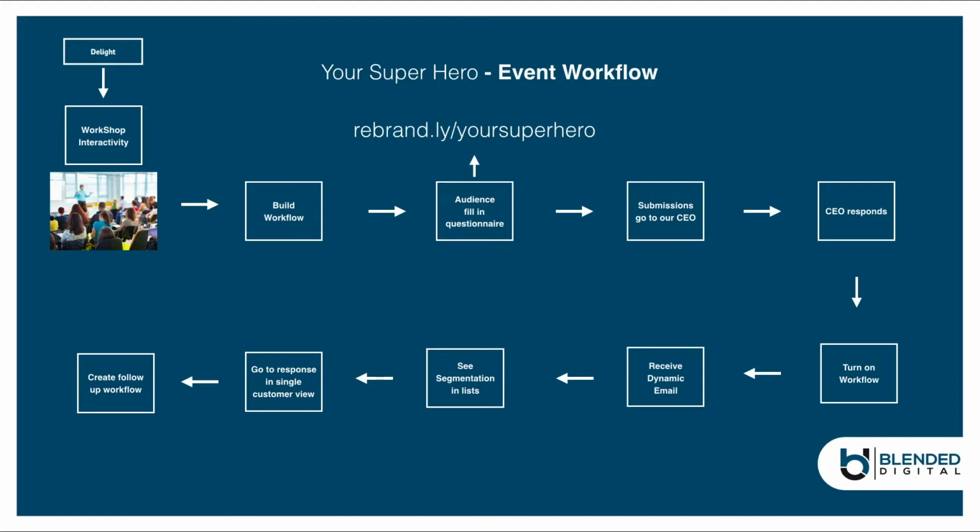And then once our CEO has responded to a few of you, I'll ask you to put your hand up if he's responded to you, and we'll have a look at what that response actually looks like in the most powerful part of any automation platform, the single customer view section. So you can look at each individual contact and see their individual interactivity with anything related to our brand: websites, social, email, communication, etc.